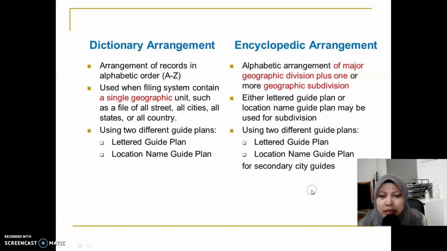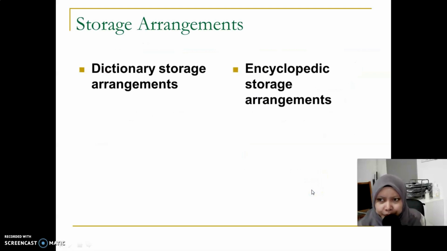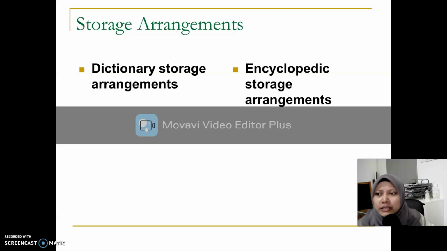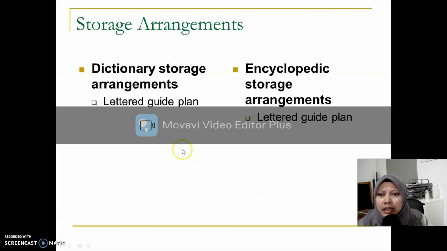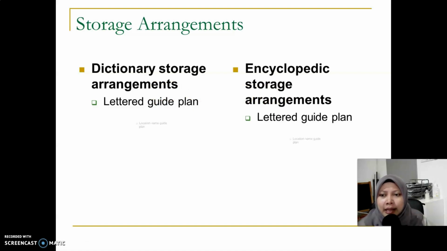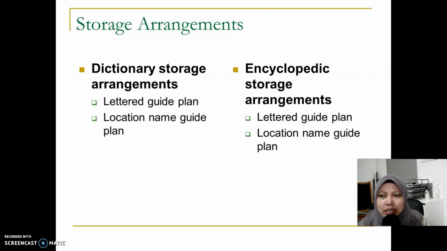I will show you in detail in a further slide on the guide arrangement. The storage arrangement will use both: the letter guide plan and also the location name guide plan.